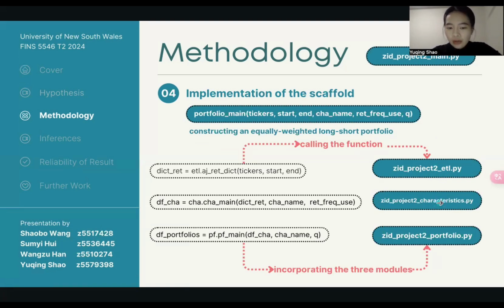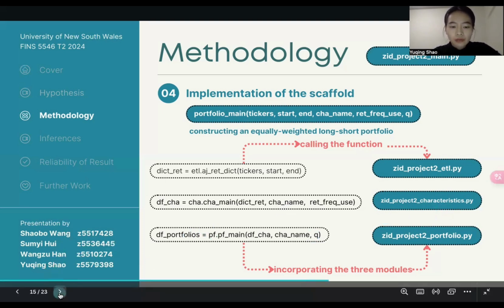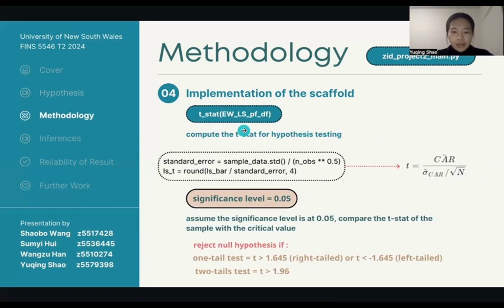Second, the function in characteristics calculates the monthly volatility for each stock. Finally, functions in the file portfolio use the data to create portfolios based on volatility quantiles, so we can construct equal weighted portfolios based on specific characteristics and quantile thresholds through this function. Here is the specific coding.